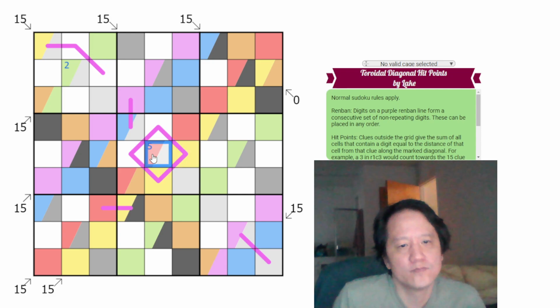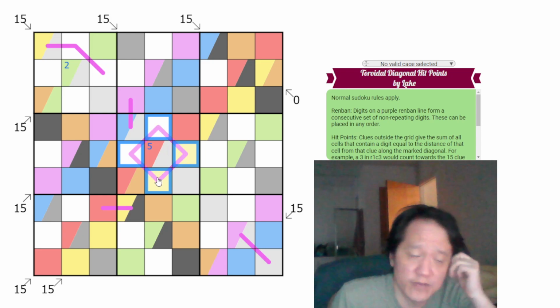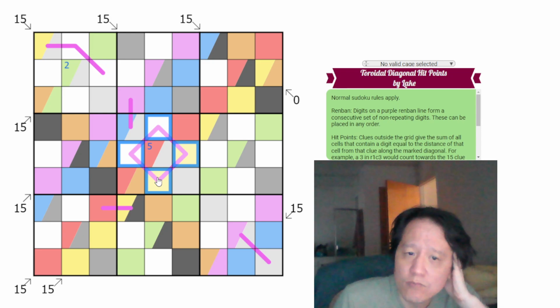So okay, if one of these is 5, we know it's 1, 2, 3, 4, or 6, 7, 8, 9. Or it could just be a 5 in there, right? So if 5 is not on the band, it's 1, 2, 3, 4, 6, 7, 8, 9.